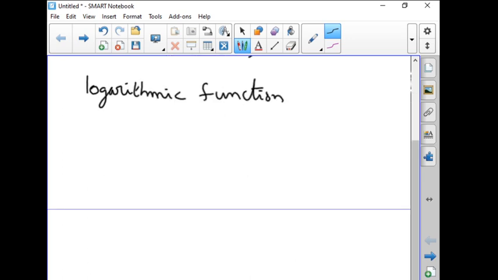So, consider y is equal to a power x. This is an exponential function. Then this is equivalent to, we can also write it as log y to the base a is equal to x.